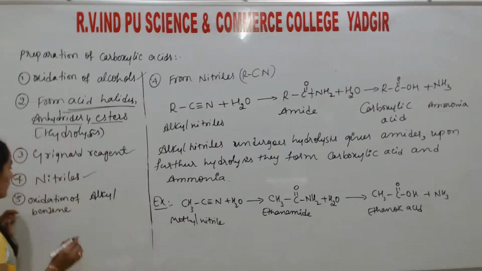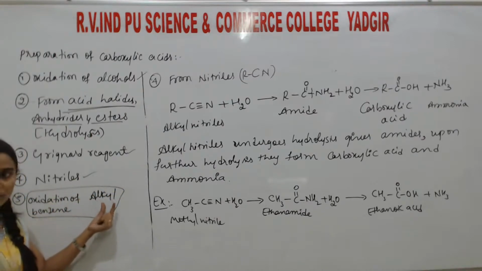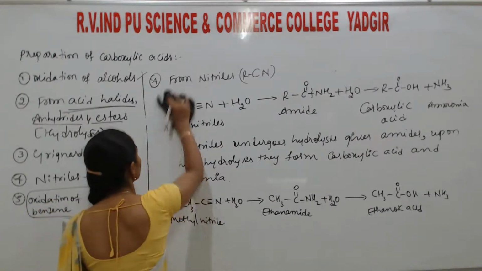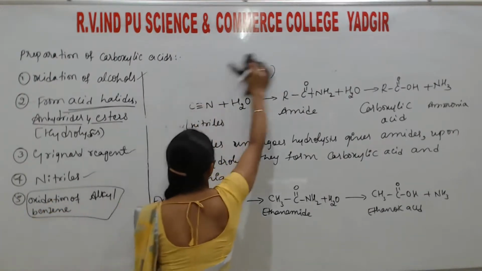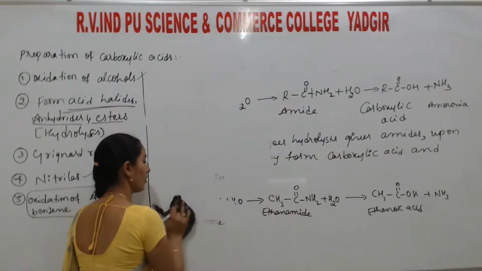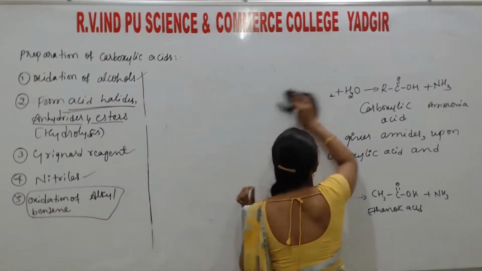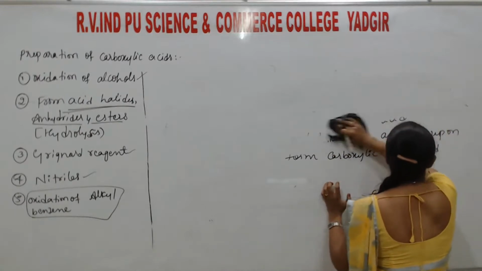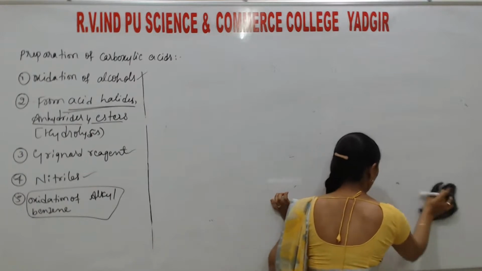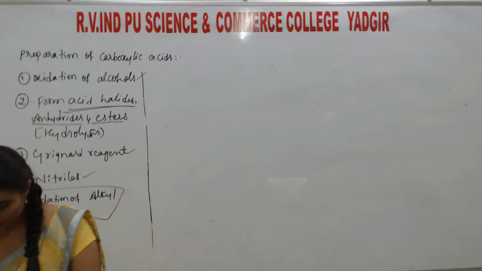Understand? So the last one is oxidation of alkyl benzene. They specifically mention alkyl benzene, means to the benzene ring, alkyl groups are going to attach. Alkyl means it may be CH3, C2H5, C3H7, etc. Okay, so what is this reagent?